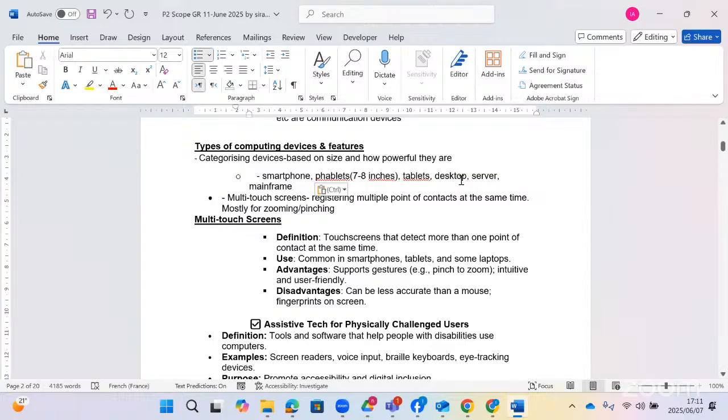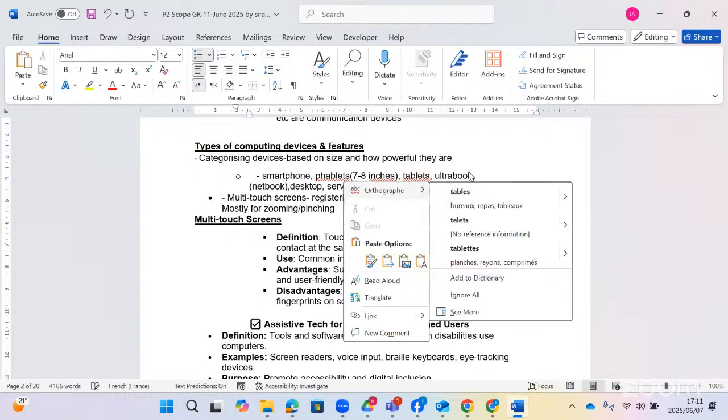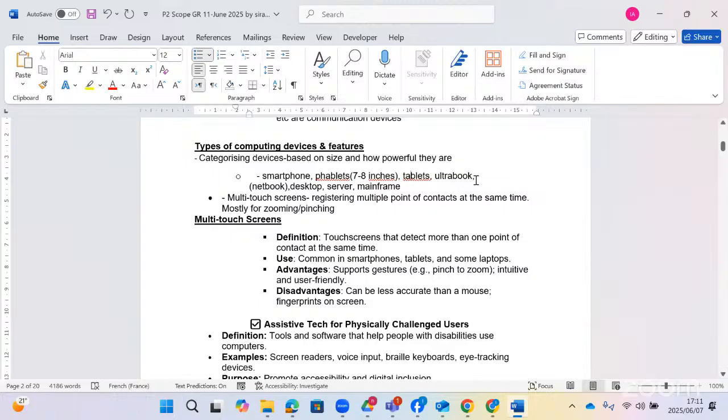We also have Ultrabook, which has replaced what we call netbook. Netbooks and Ultrabooks do not have CD-ROM or DVD-ROM. They are lighter, smaller types, but the Ultrabooks, sometimes you call them MacBooks and others.